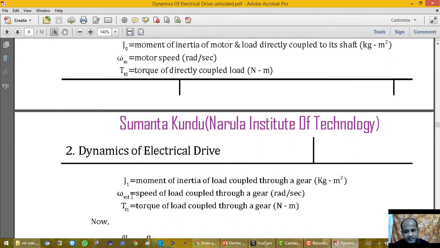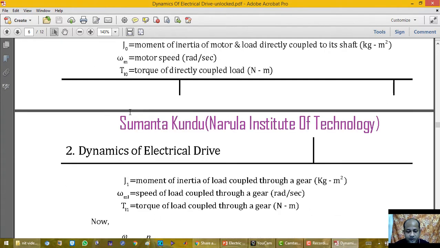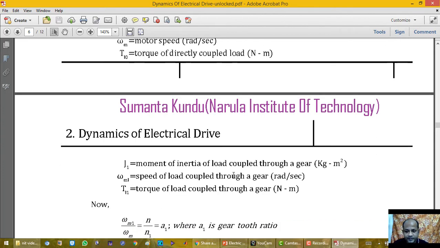Similarly, the speed has suffix 1, and in case of torque also there is suffix 1. So for the directly coupled load it is denoted by 0, and for the load connected through gear the parameters are represented by suffix 1. So J1, omega m1 and TL1 are respectively the inertia, speed and torque of the load coupled through gear.